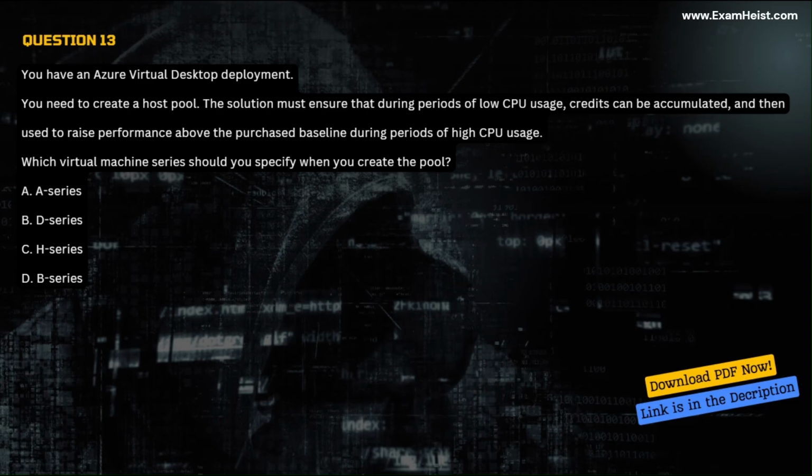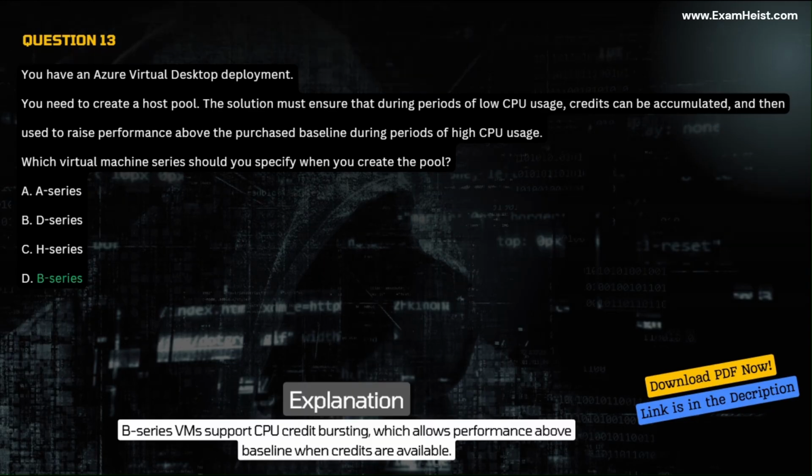A. A series. B. D series. C. H series. D. B series. Correct answer D. B series. Explanation: B series VMs support CPU credit bursting, which allows performance above baseline when credits are available.